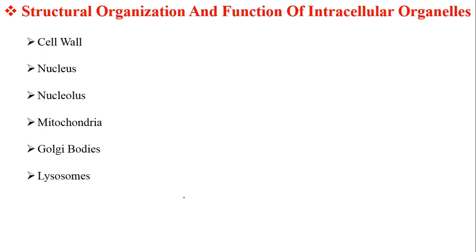Now, in structural organization and function of intracellular organelles, you have to learn about cell wall, nucleus, nucleolus, including its orientation of DNA. Thereafter, mitochondria, Golgi bodies including its functions.